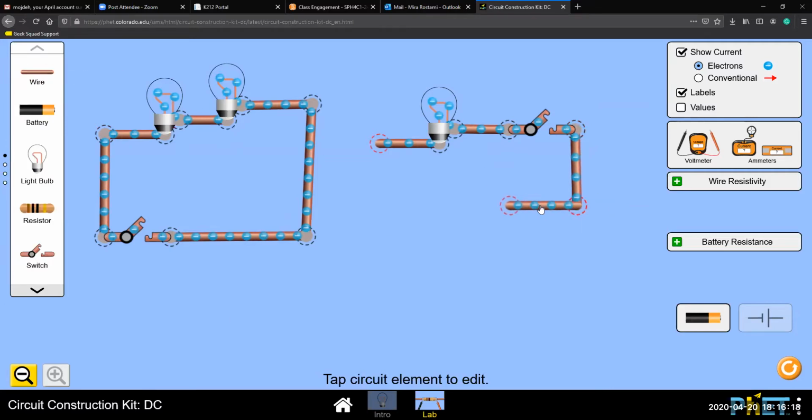Then another wire in here, another switch in here. And the battery.